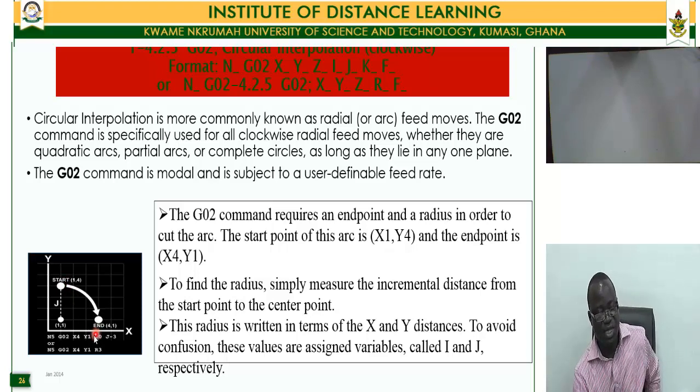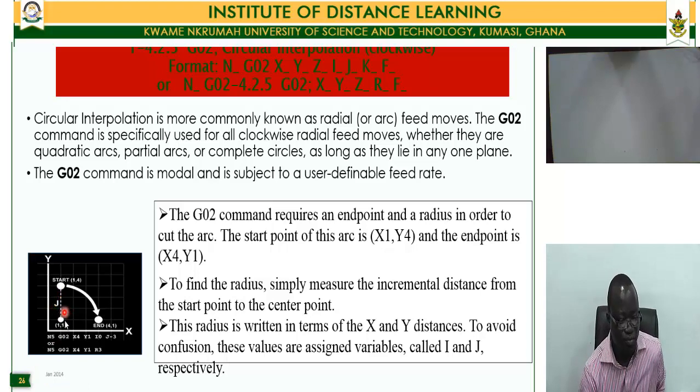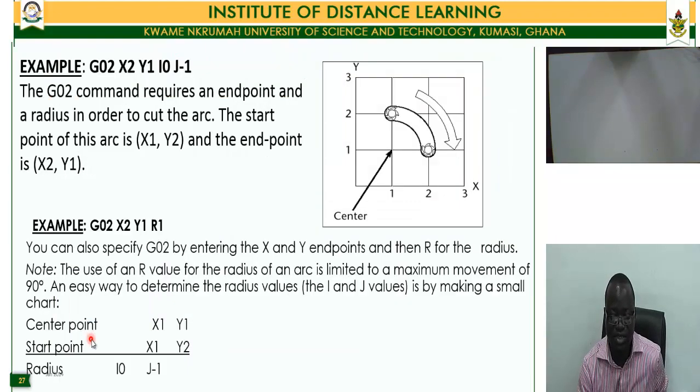So let's look at a typical illustration of this G02 command. Let's use this sketch here as an example. We have a milling cutter at, let's say, this start position 1, and we want to cut this arc to position 2.